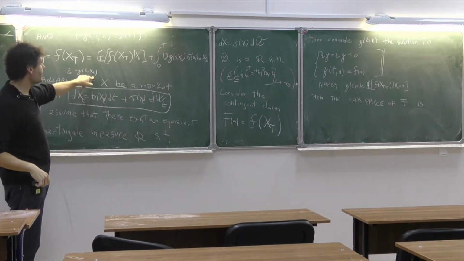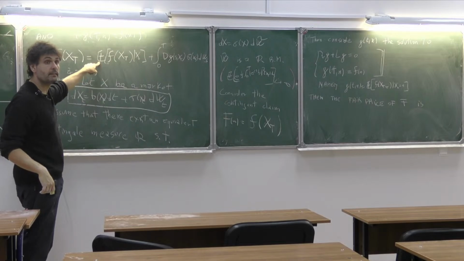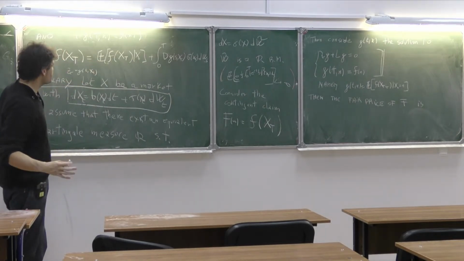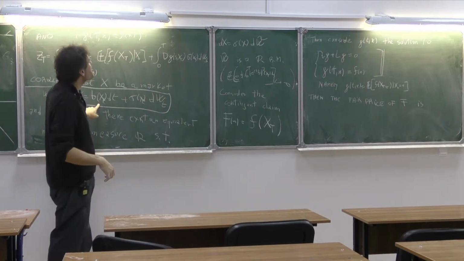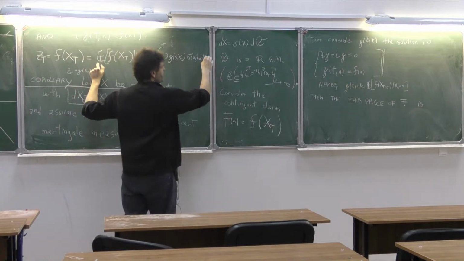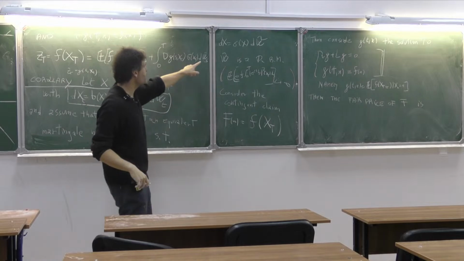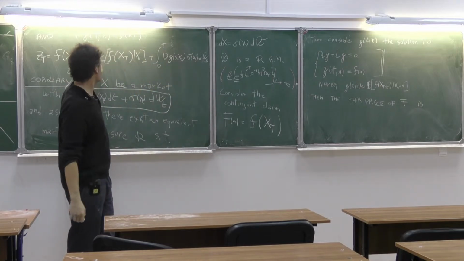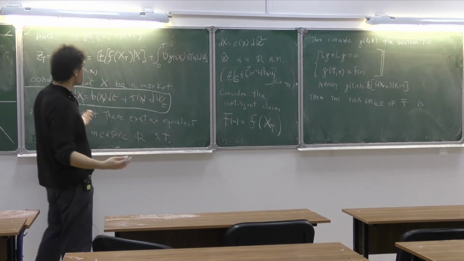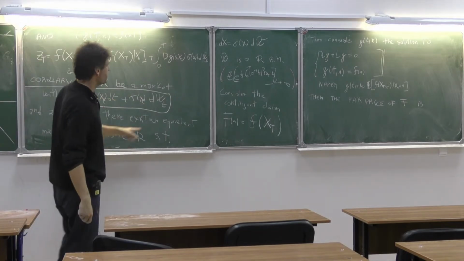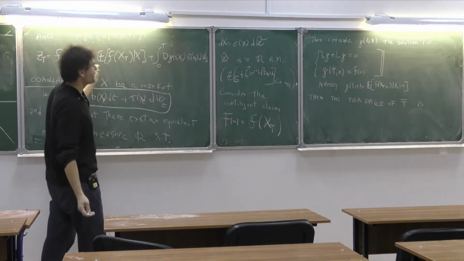And I apply it when this guy is Q, not P. I apply this formula that was true for a general drift, but now I apply it when this guy is Q, not P, so there is no b. And this of course is my W tilde. This is true anytime W is a Brownian motion with respect to this probability, and x satisfies this equation. For Q, b will be 0. That's the only difference. But here, there is no b, as we know.